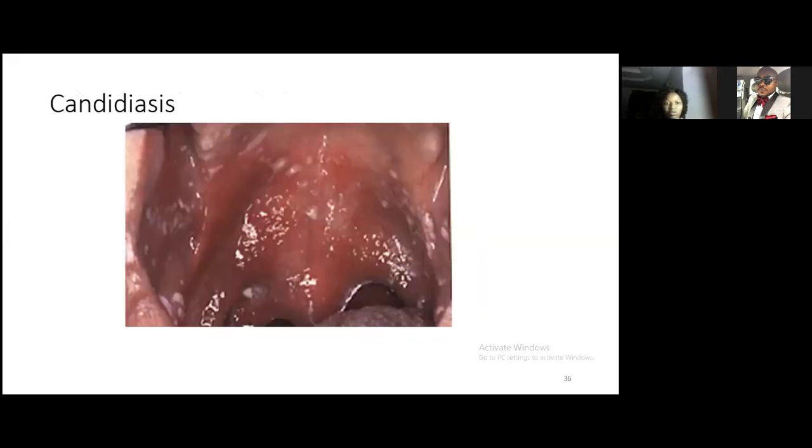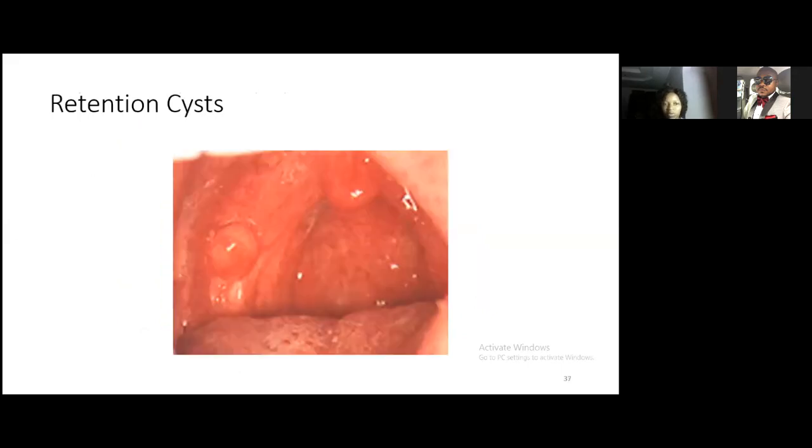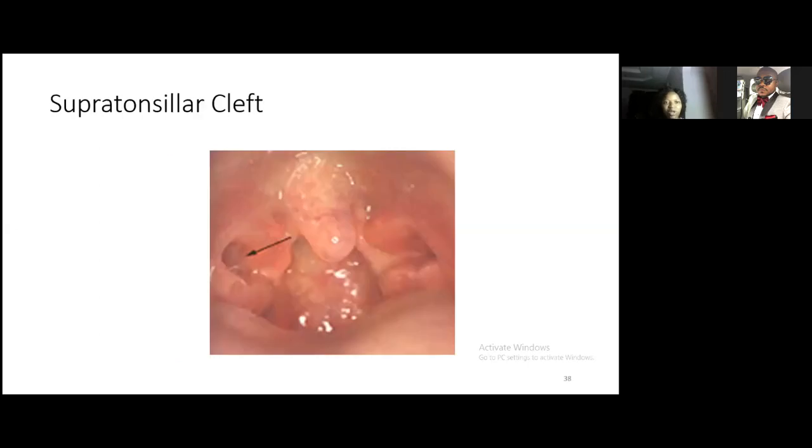Candidiasis too is another fungal infection that could affect the tonsils and the adenoids. Retention cysts are another manifestation of adenotonsillar diseases. There could be supratonsillar clefts, as shown here.